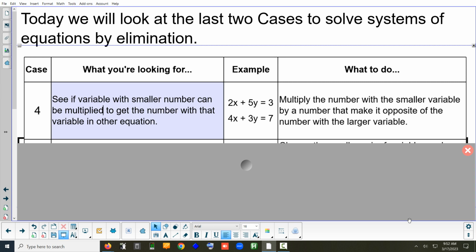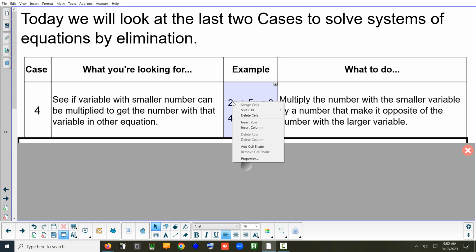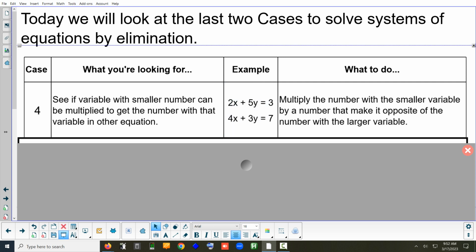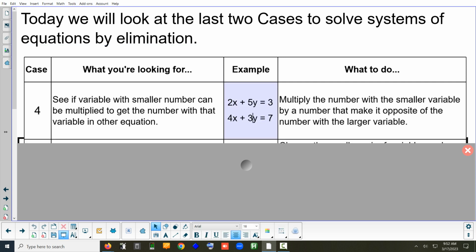So when I look at here, I'm looking at the 2 is the smaller variable in the top. The 3 is the number with the smaller value in the bottom. My goal is to see, can I multiply 3 by something to get 5? A nice number. Can we easily multiply 3 by something to get 5?